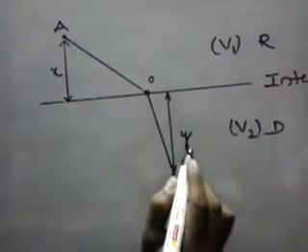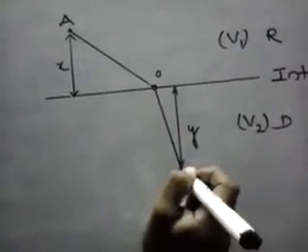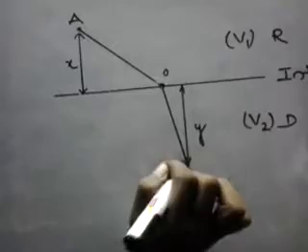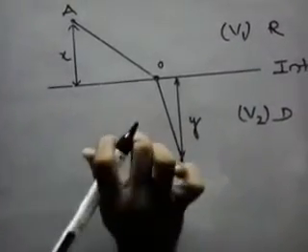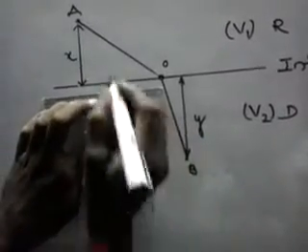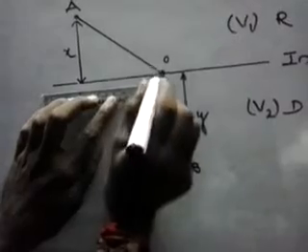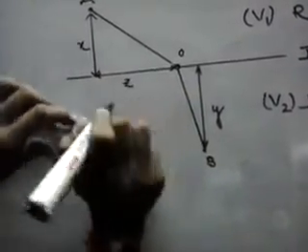So y is the vertical distance between the point of interface and B. And the horizontal distance between A and the point of interface is assumed as z.